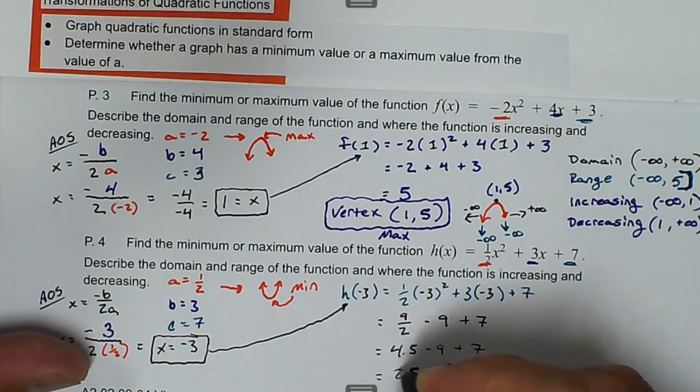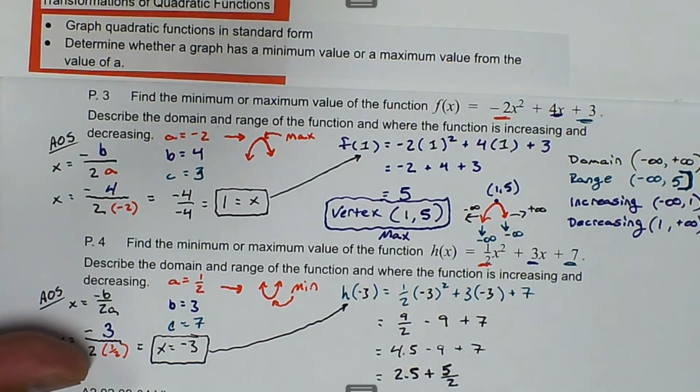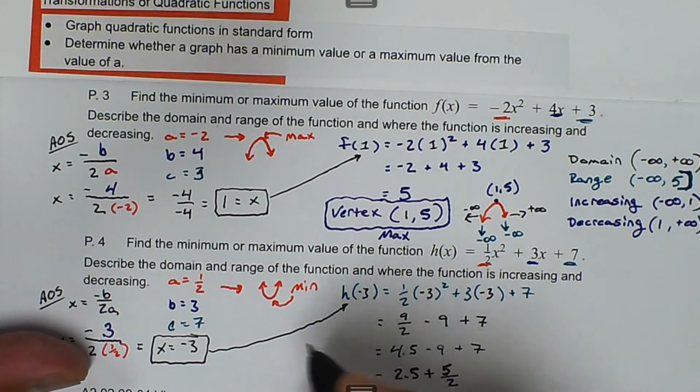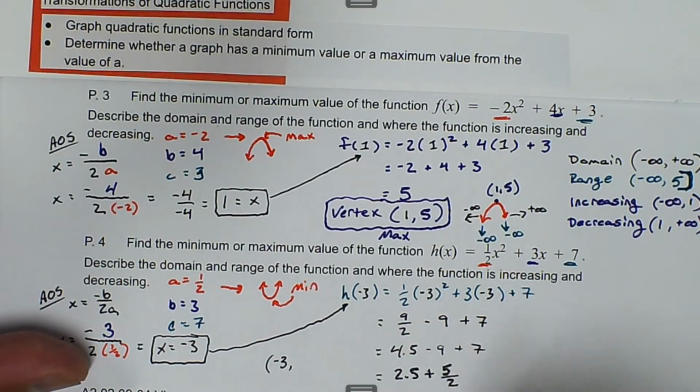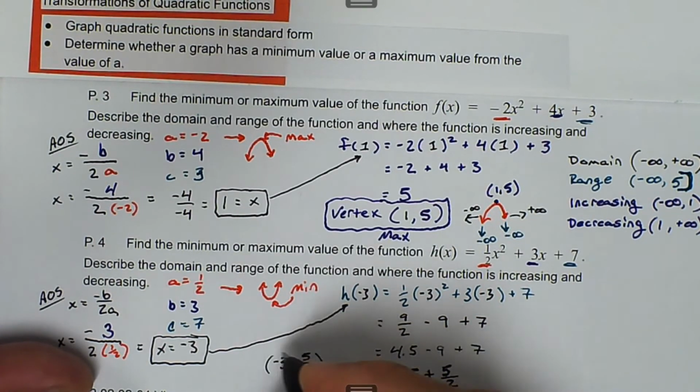So that is our y coordinate, and what we get is the coordinate of -3, 5/2. And that is our vertex, which is a minimum.